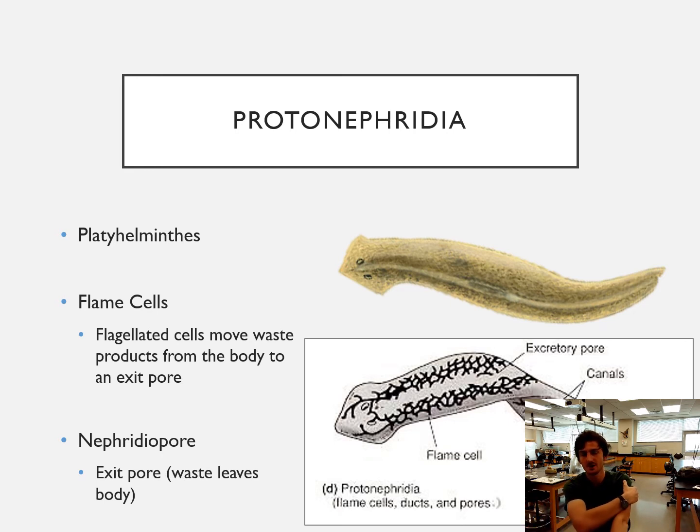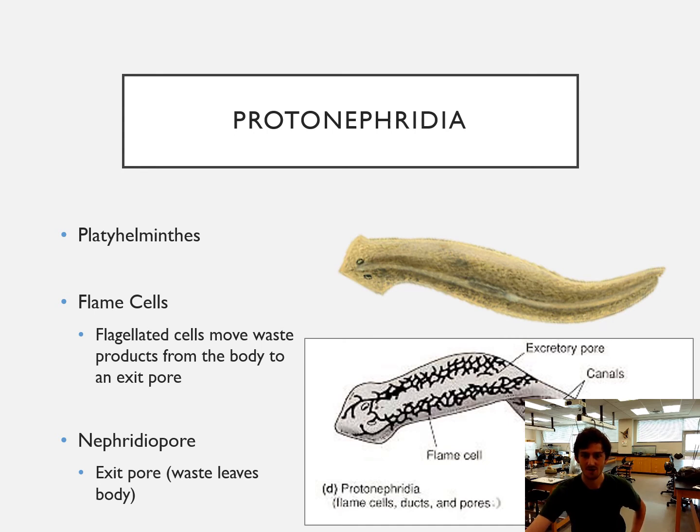Protonephridia is an extremely basic excretory system, and it just takes these flagellated cells called flame cells, and moves waste products from the body to an exit pore called a nephridia pore. Those flame cells are called flame cells because the flagellated portion of it looks like a flame while they move water past it.